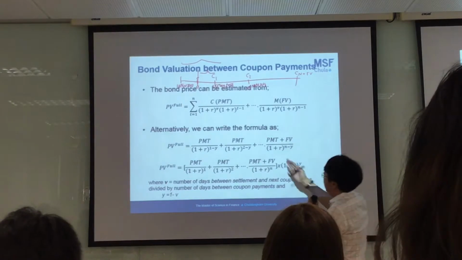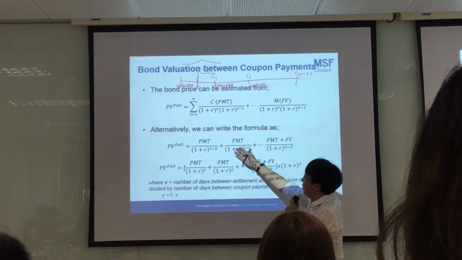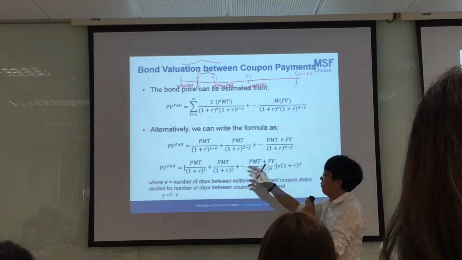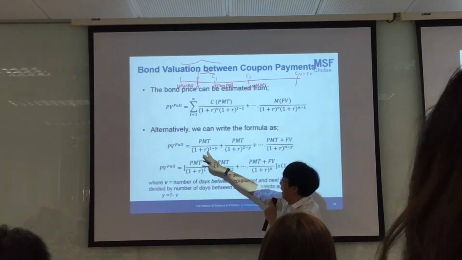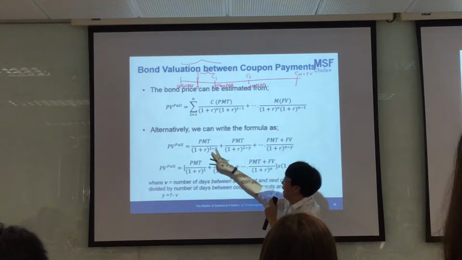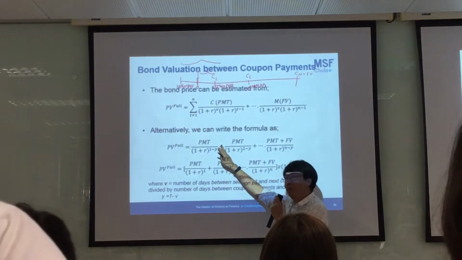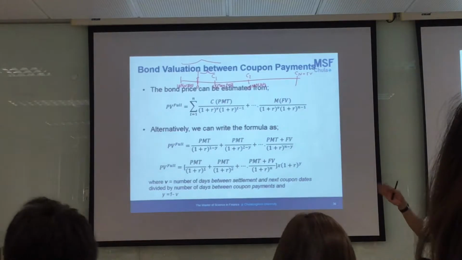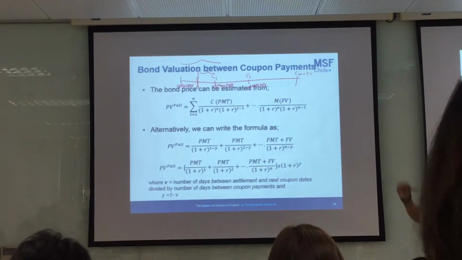You can alternatively write this equation like this. Instead of using 1 plus RV, we use 1 plus R over 1 minus Y. At time 0, the point that we value this bond is still the same.